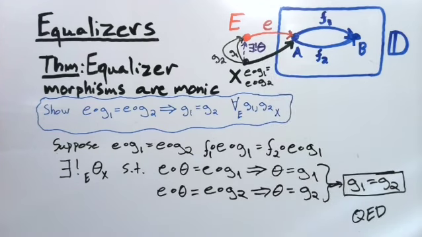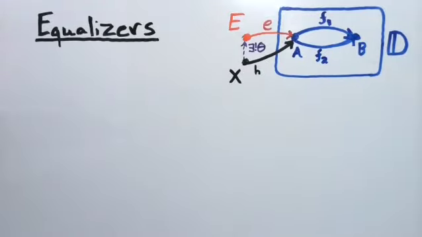It's always left cancelable. To understand these equalizers a little bit better, let's look at how they would work in a category with set-like objects.